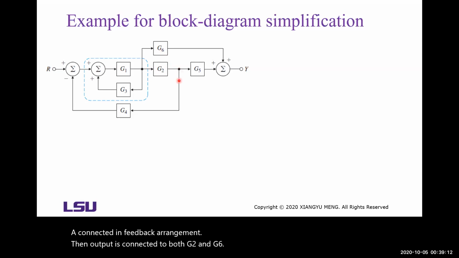There is another feedback loop. Then we have G5, the sum of the output of G5 and G6. The output is Y. I would like you to get the transfer function from R to Y. This is the second example.